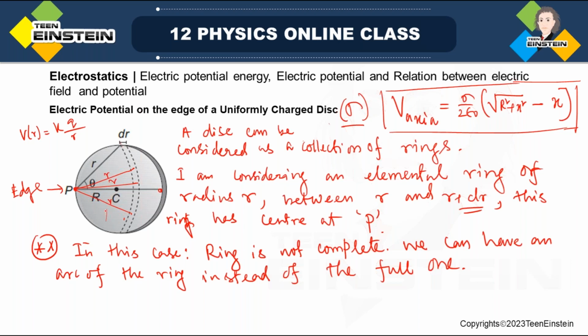So this distance is constant, and I can just use this formula. For this elemental ring, I can write dq by r. This is why I have taken this arc instead of taking the full ring itself.